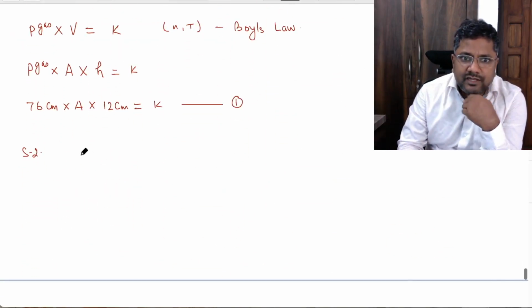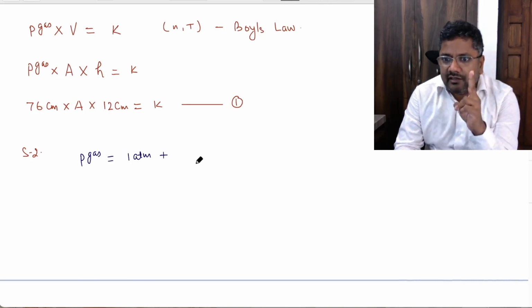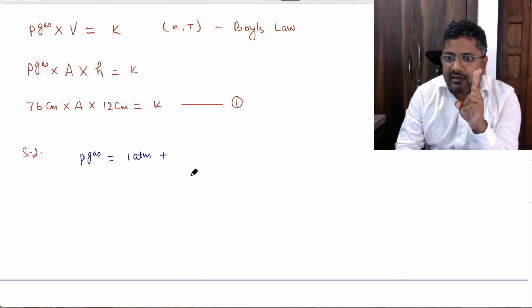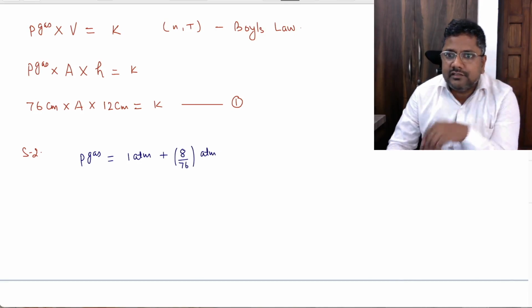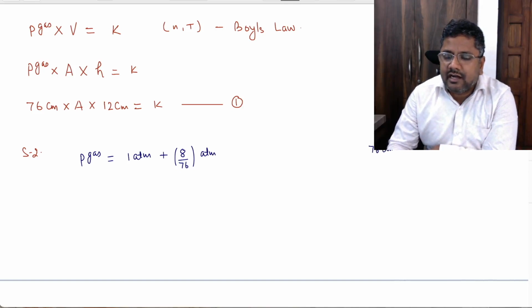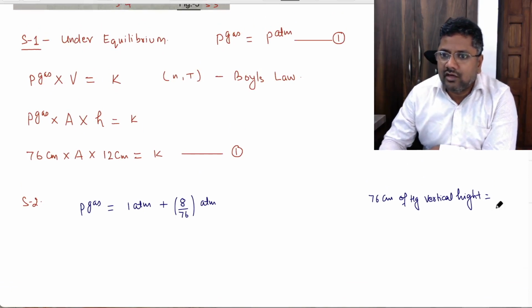So in state 2, pressure of gas is equal to 1 atm, that is the atmospheric pressure, plus the pressure offered by 8 centimeter vertical height. So you can write 8 by 76 atm, right? See, 76 centimeter of mercury vertical height is equal to 1 atm.